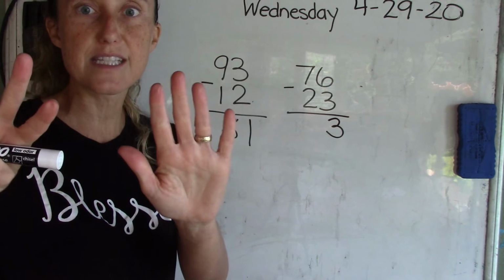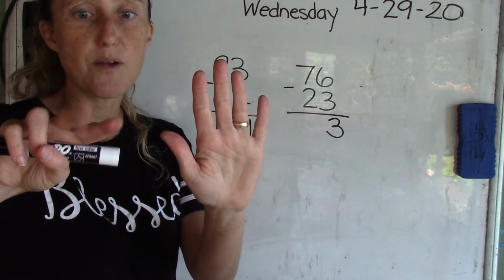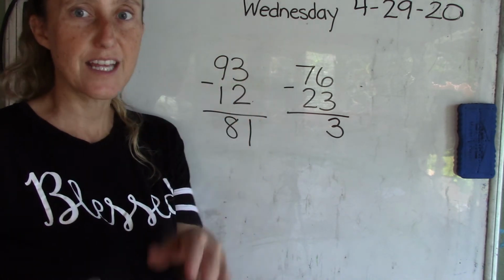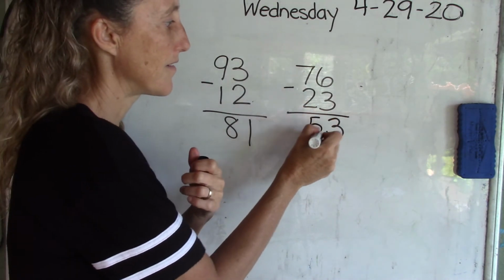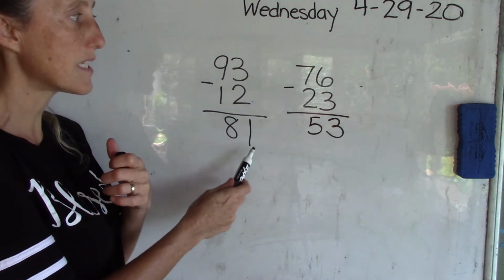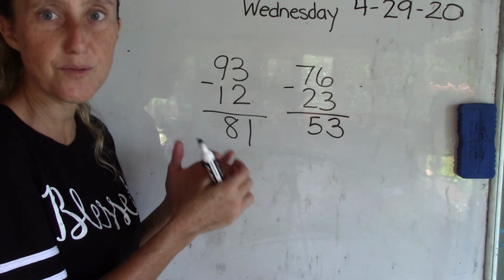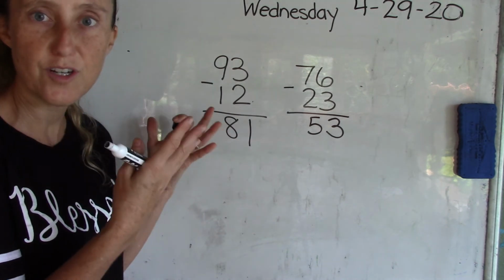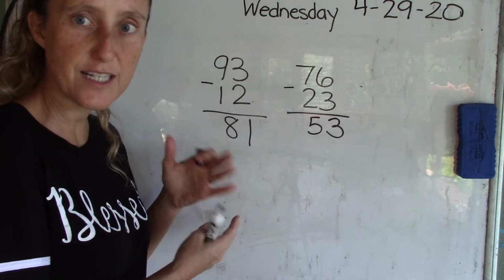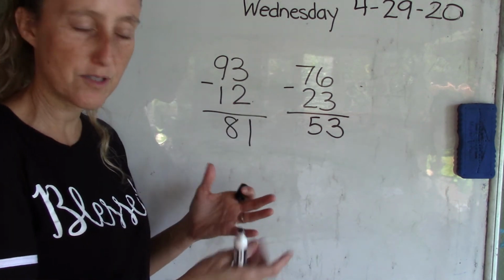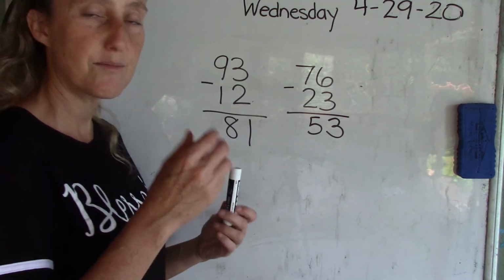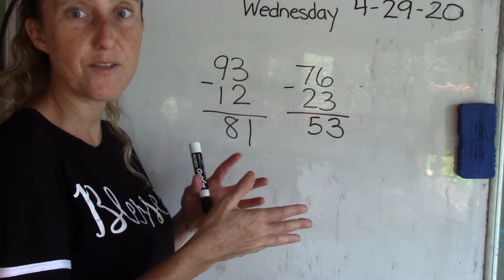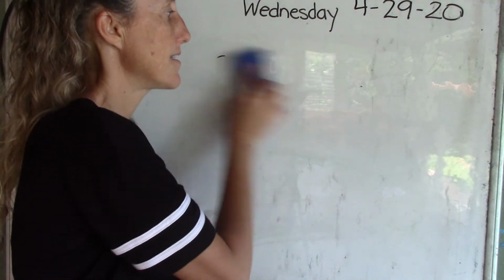If I have 7 and I take away 1, 2, how many do I have left? 5. So I'd have 53. So those are easy. We don't have to borrow or anything with those. I think you're just the basic subtracting, getting you used to the double-digit subtraction, and you have quite a few problems in that today.